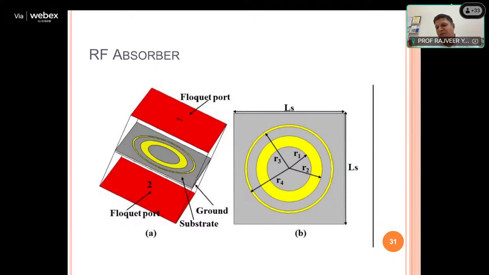If we go back and see the formulation of split ring resonators, annular ring resonators, or circular resonators, depending on the formulation which we have depicted earlier, the resonant frequency will occur. So R1, R2, R3, R4 will control different frequencies in this particular circuit port.